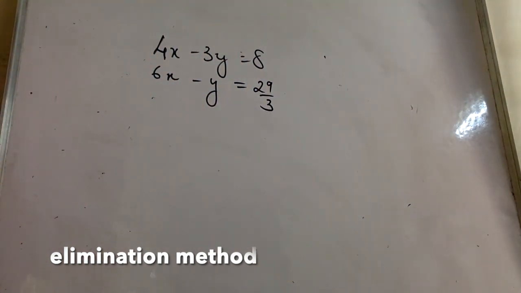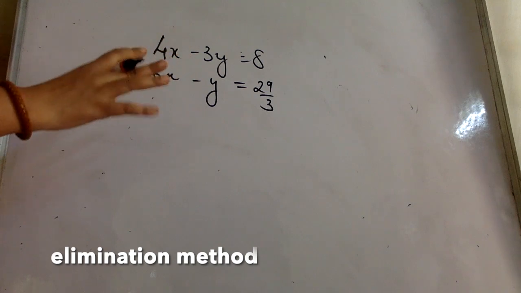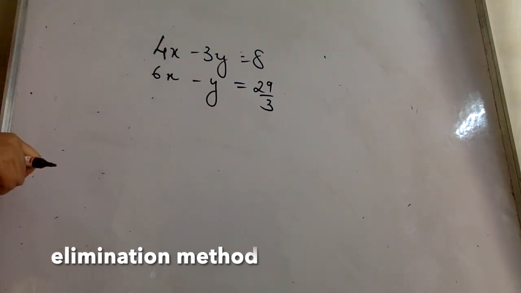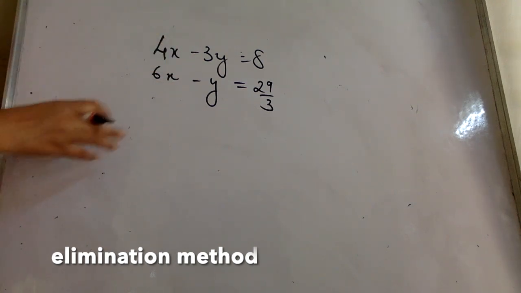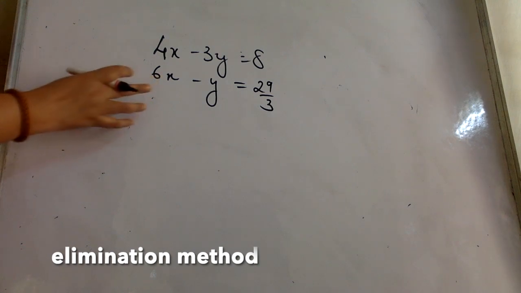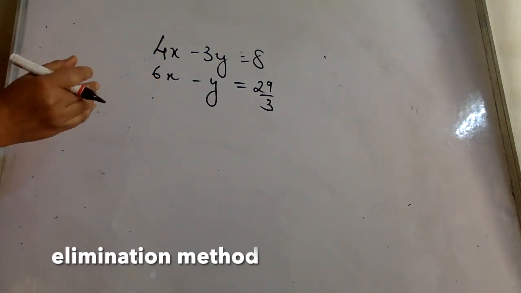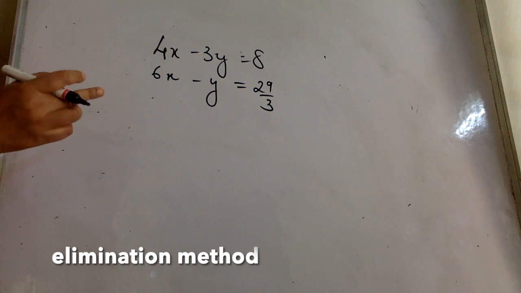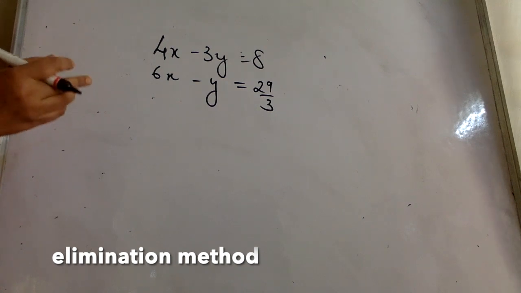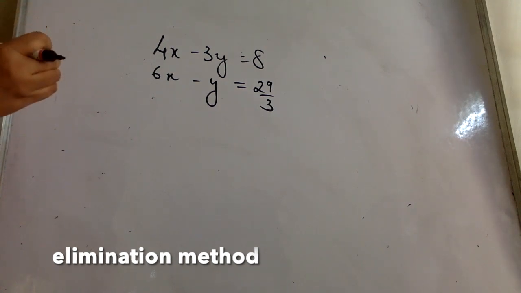Now what does the process of elimination mean? It means that here we have the two variables as usual. In the last video we had done the substitution method, where we eliminated one of the variables by substitution. Here we'll eliminate it by a slightly different method, which is called the process of elimination.